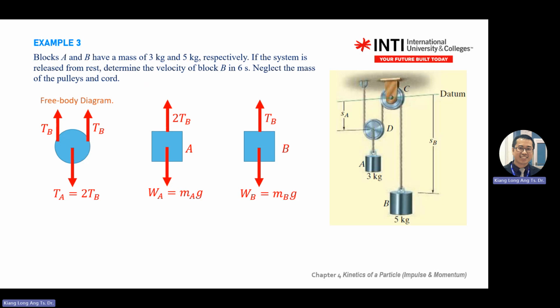So these are the free body diagrams expected when you see a pulley system. This is also expected in the coming Test 1, Question 1. You are expected to draw free body diagrams like this.